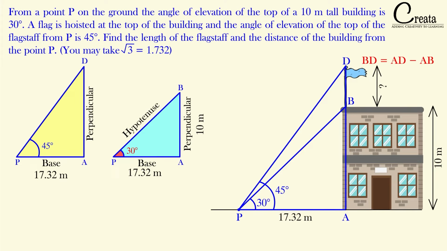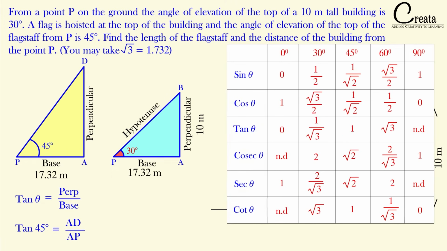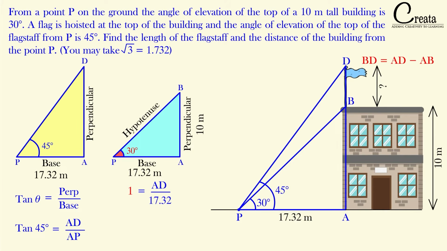So tan theta will be applicable, that is perpendicular upon base, which is tan 45 degree is equal to AD upon AP. Let's refer the trigonometric ratio table for the value of tan 45 degree, which is 1. And let's put AP as 17.32. We got AD as 17.32 meter.